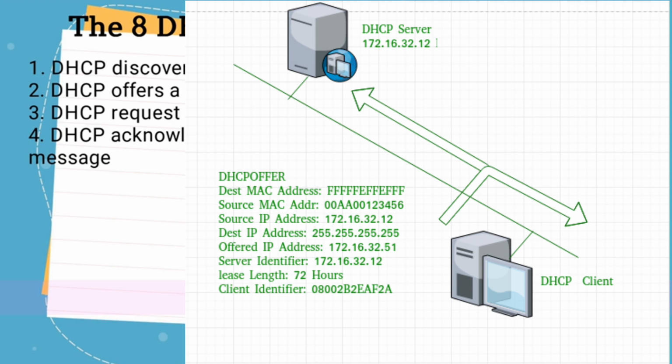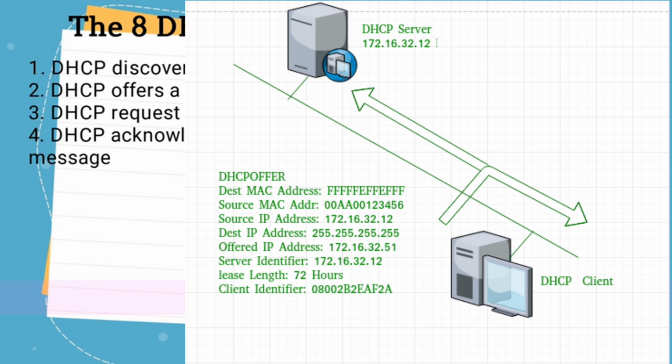Now, in the offer message, the source IP address is 172.16.32.12, the server's IP address in this example. The destination IP address is 255.255.255.255, the broadcast IP address.